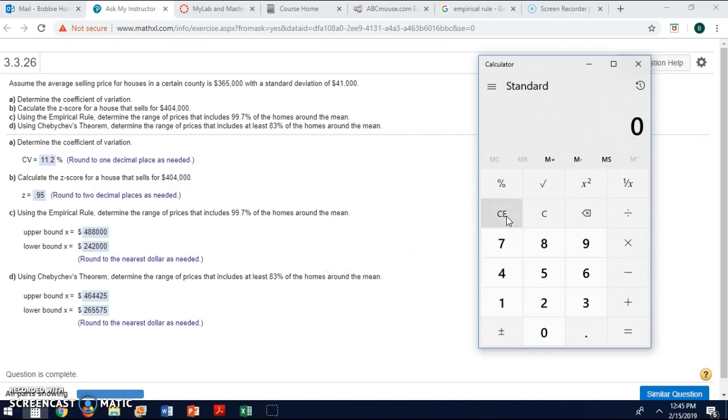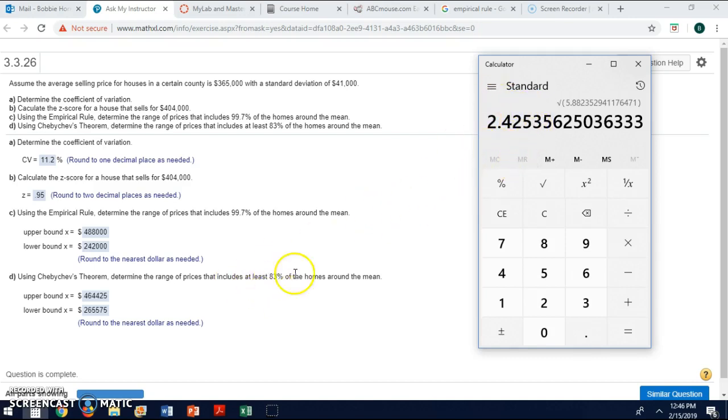So you always do 1 divided by 0.17, and then take the square root. If this was 90%, you would do 1 minus 0.90, which is 0.10, then 1 divided by 0.10 and take the square root. And then this is your z-score.